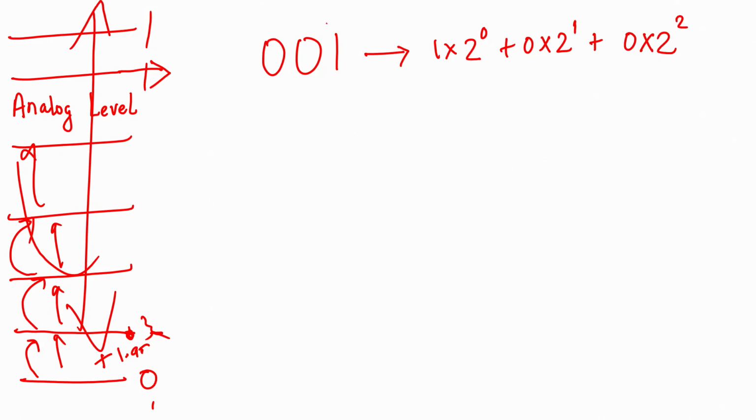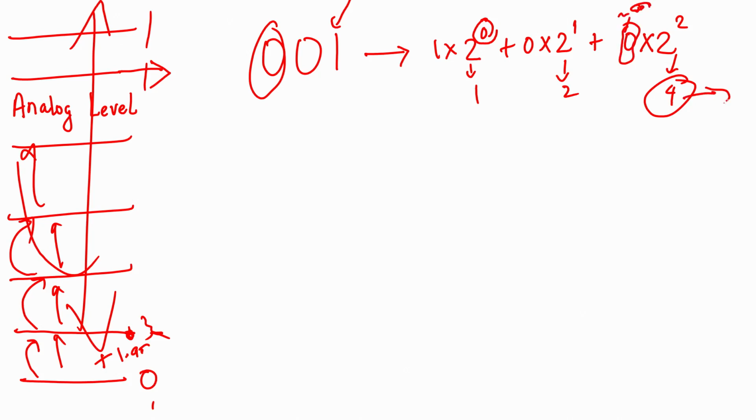So, look at the weight of each of these bits. 2 raised to 0 was 1, this is 2, this is 4. So, this bit has a weight of 4, and the weighting value, the next one is the binary value, which is either 0 or 1. Because of this higher weight, that is why it is called the most significant bit, because it has the highest say in the analog value in your digital word.